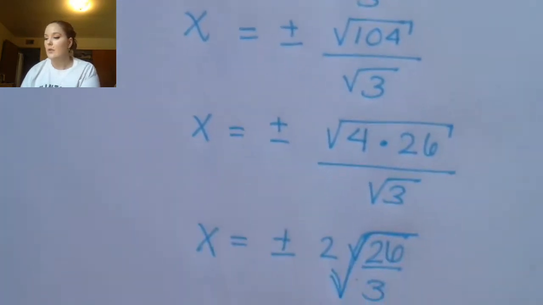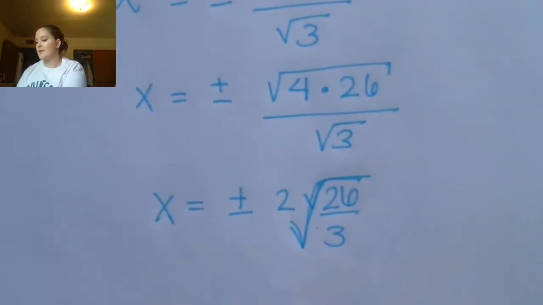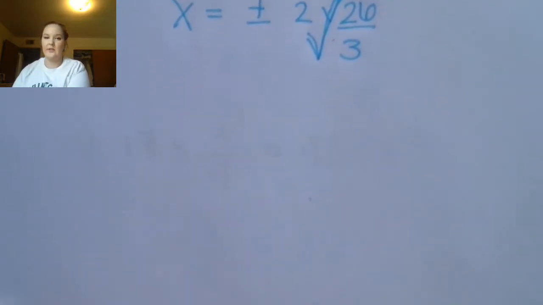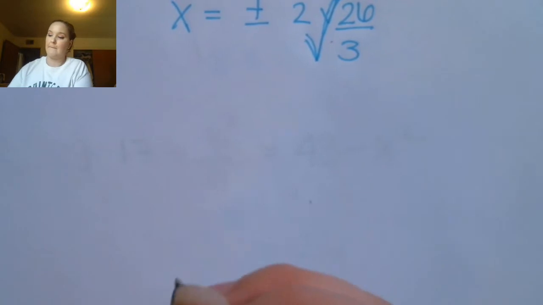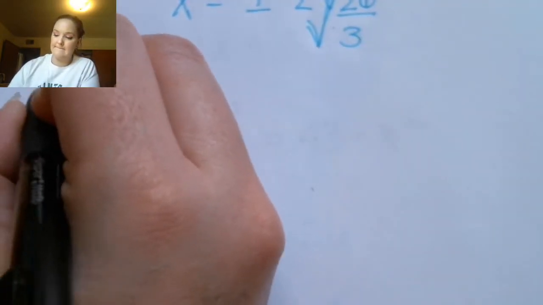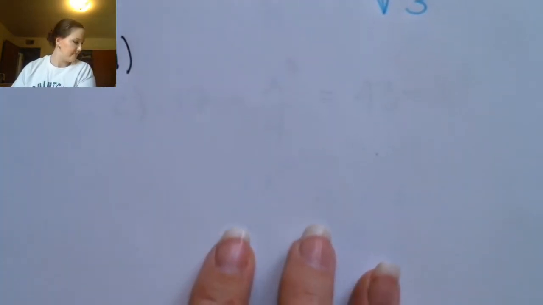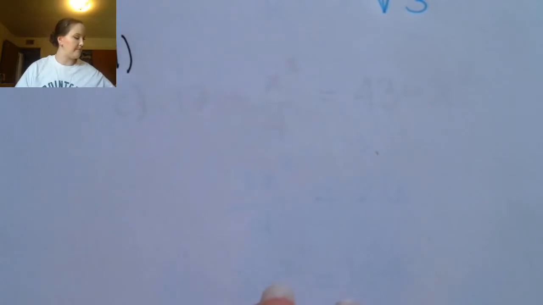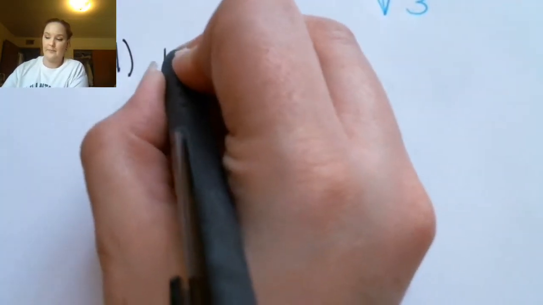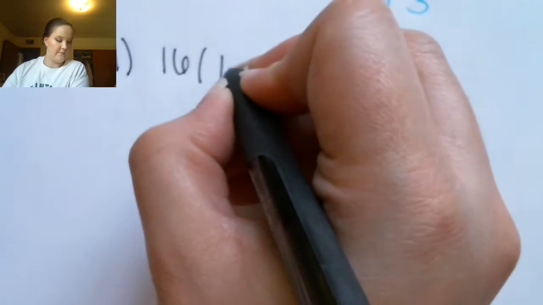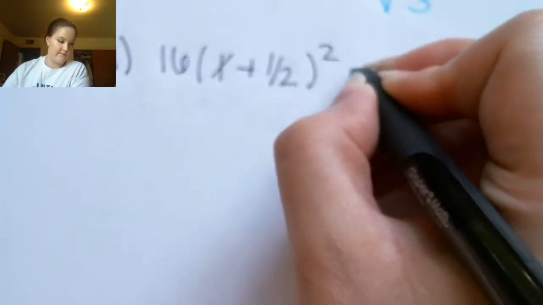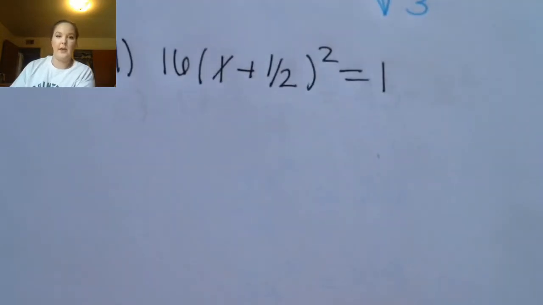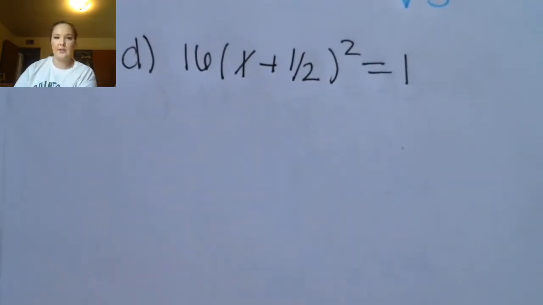Let's look at a different kind of equation that we can solve using this method. So the first thing we're going to do here is isolate our square.